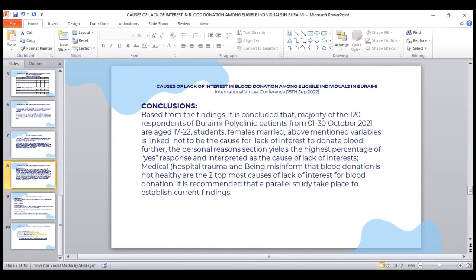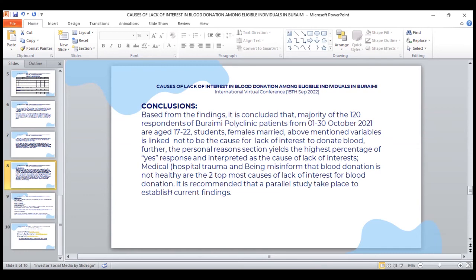In conclusion, we found out that health and medical reasons and religious and cultural reasons are not a hindrance, not the cause of lack of interest in blood donation; rather, it's more personal. Among the items, as mentioned earlier, negative hospital experience and lack of information are the topmost reasons why respondents lack interest in blood donation.